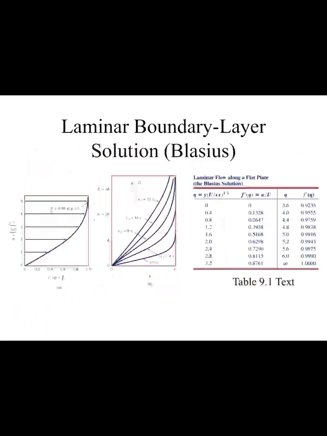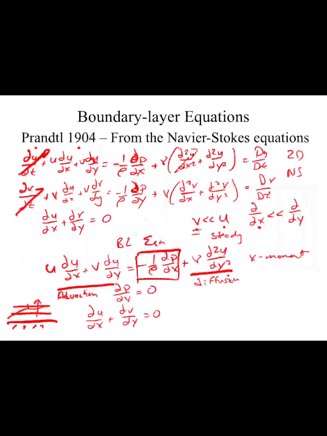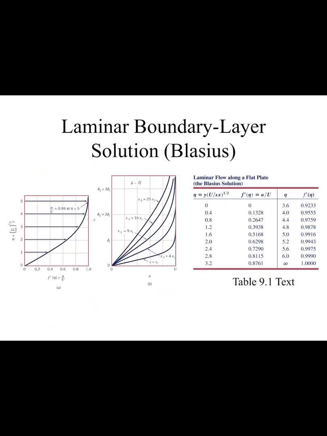Blasius, as I said yesterday, was the student of Prandtl, and he solved the boundary layer equations. That is the equation for the zero pressure gradient. His solution here was to solve u du dx plus v du dy equals nu d squared u dy squared.